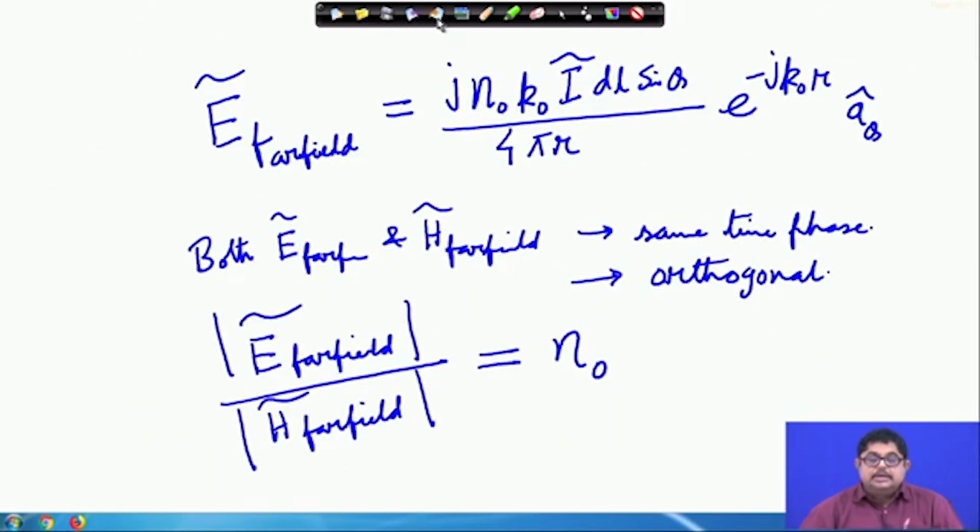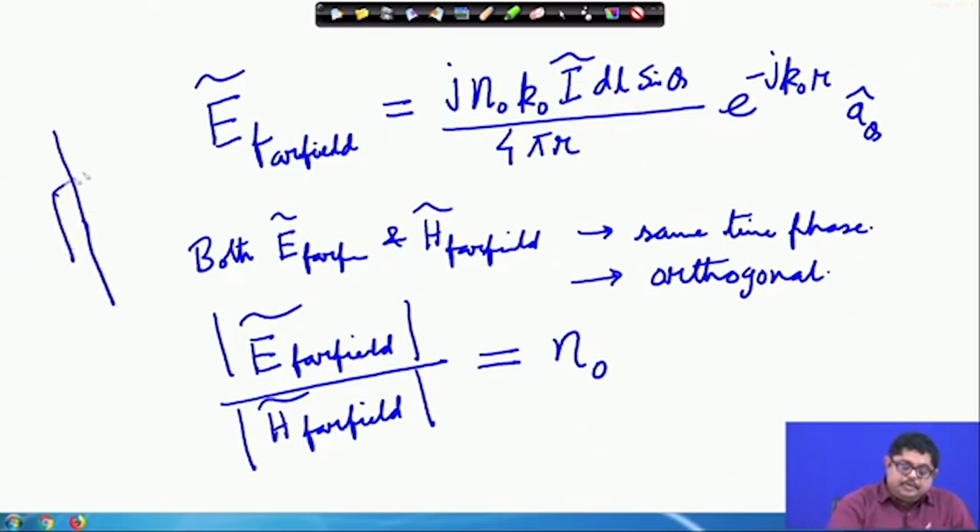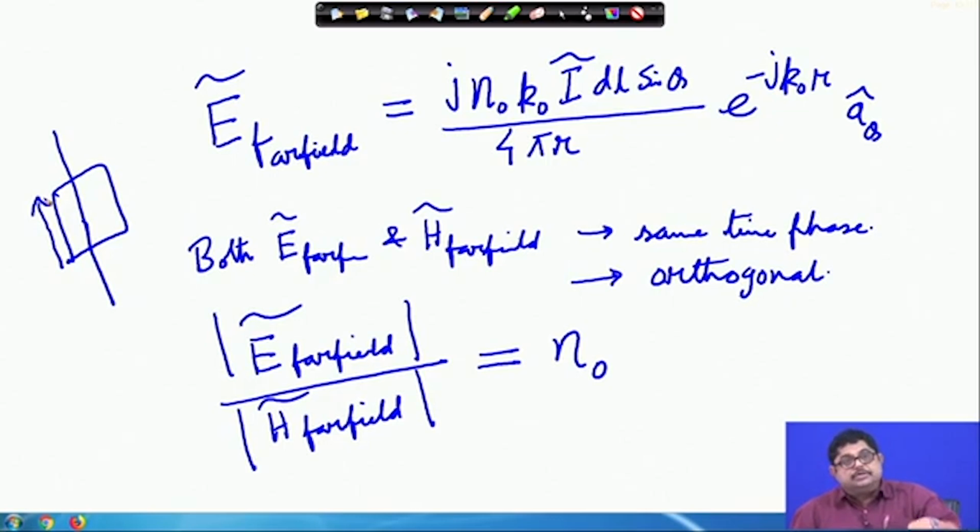In our case, you consider that we have a current element. So, I have a uniform current I here, time varying, but uniform. Now, the current is oscillating, but what will the charges do here? There will be an accumulation of charge, and it changes polarity with the change of the current.